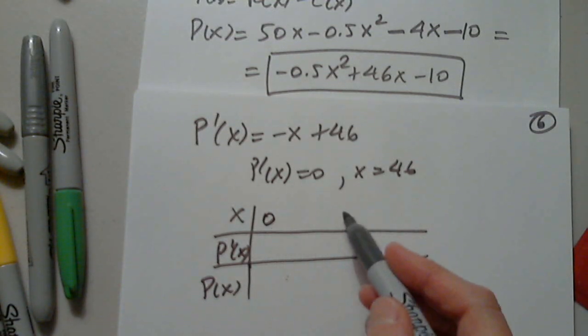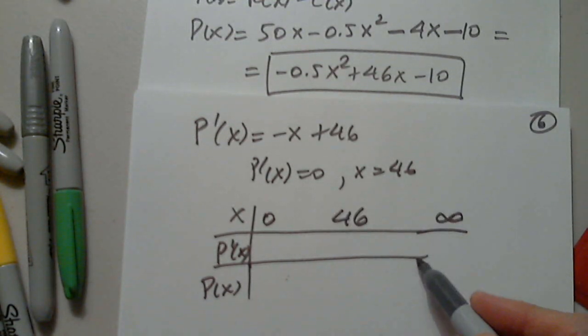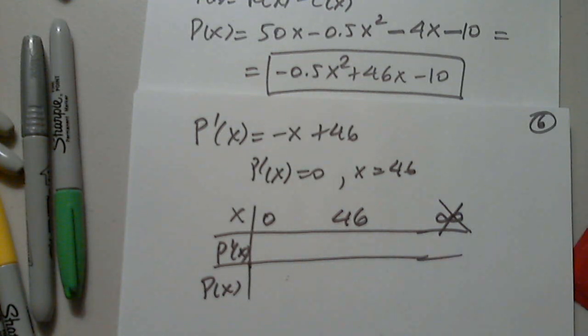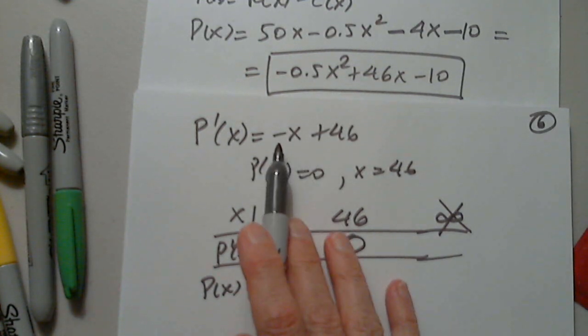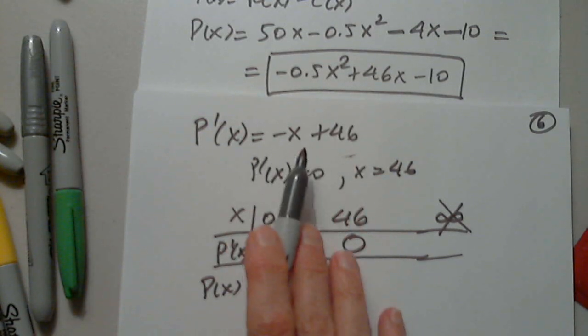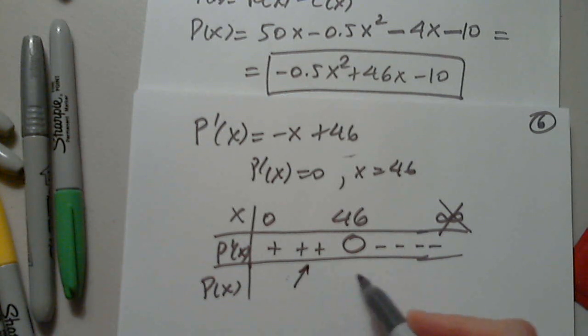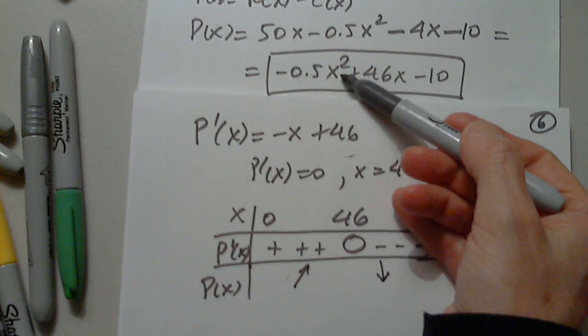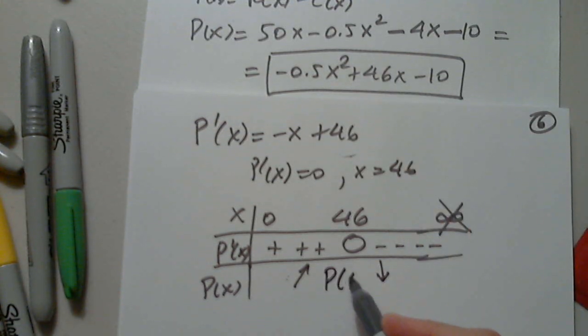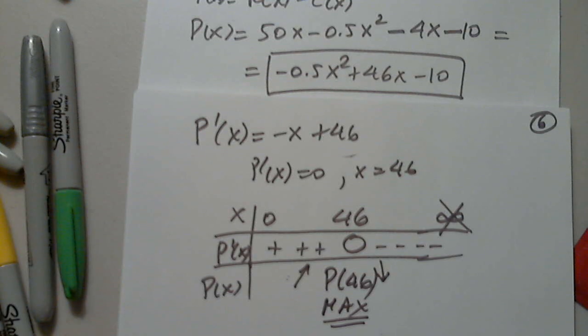X is the number of units. But this is 0. And I study the sign by plugging 0, and I see it's positive and then negative. So obviously, this must be the maximum. What is the maximum? I go back to the profit and find P of 46. This will be the maximum, as we know.